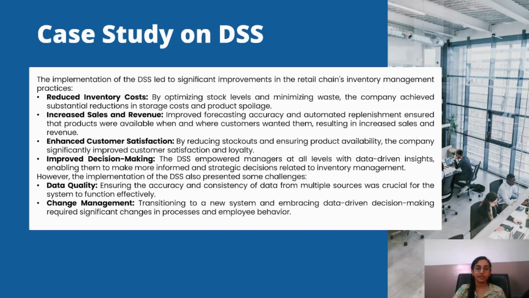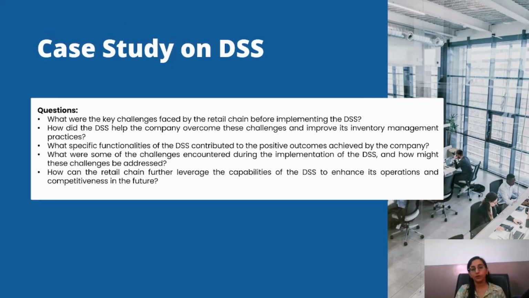By continuously evolving its DSS capabilities, the retail chain can stay ahead of the curve, maintain a competitive edge, and ensure long term success in a dynamic market. I hope all the questions and answers were clear.